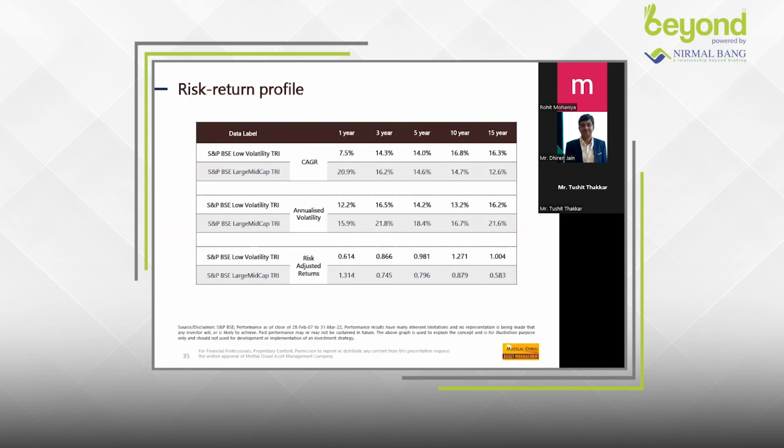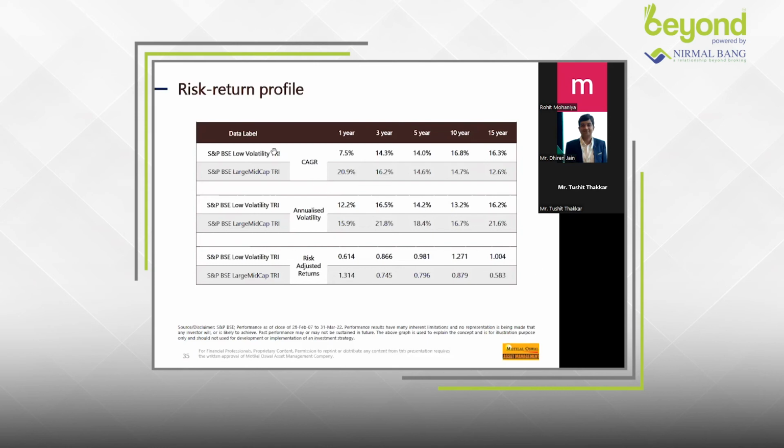Why is it giving so poor returns? Correct. Look at the 3 year, 5 year, 10 year, 15 year type of period. Slowly and steadily you see कि हाँ performance थोड़ा better हो रहा है over a long term time frame. That is exactly what I told you in the beginning, correct? कि these type of strategies will fall less, may recover less. Bull markets में इतना अच्छा perform नहीं करेंगे, but पूरे cycle के अंदर these will emerge as champions.